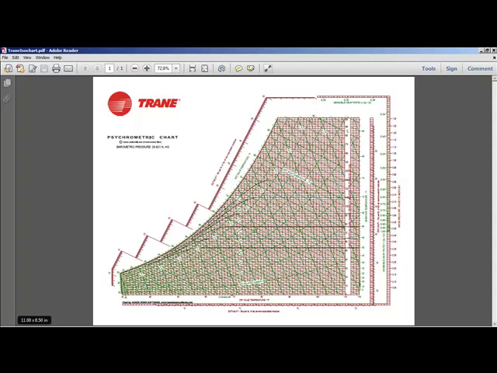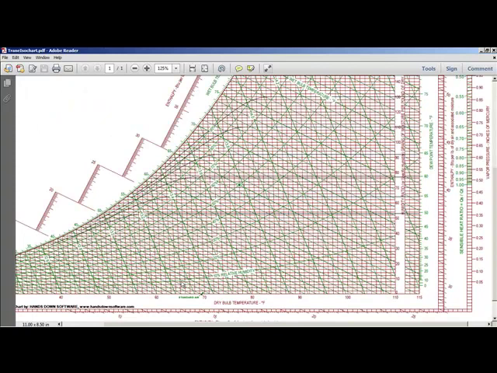Then you have your horizontal lines. These are your dry bulb temperature, the relative humidity lines, and they kind of curve up. The cubic feet per pound lines go down and to the right. Dew point lines, and these lines go across. So dew point temperature, that same number as it goes down, that's the wet bulb temperature.